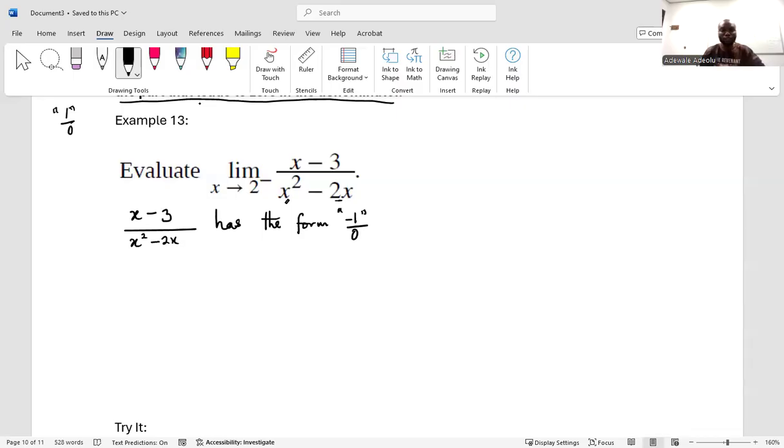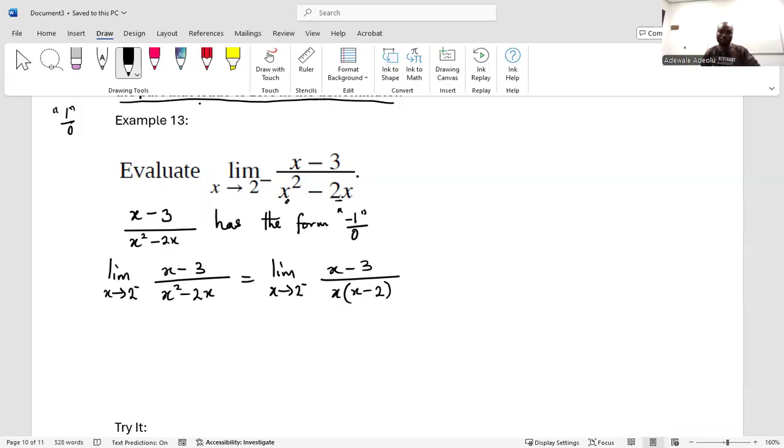Now, the way to handle this is to separate the part that is leading to 0 in the denominator. So I can say the limit as x goes to 2 from the left of x minus 3 divided by x squared minus 2x. I can factor the denominator: x minus 3 divided by x times x minus 2. Now, the part that is leading to 0 is this part.